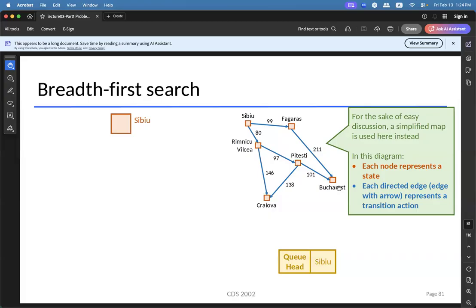On the left-hand side, the search tree has Cebu as the root node.